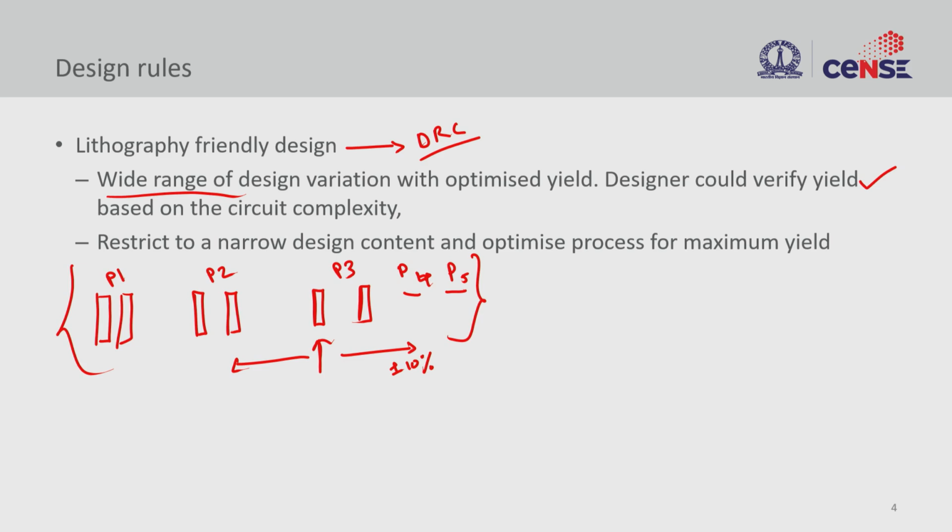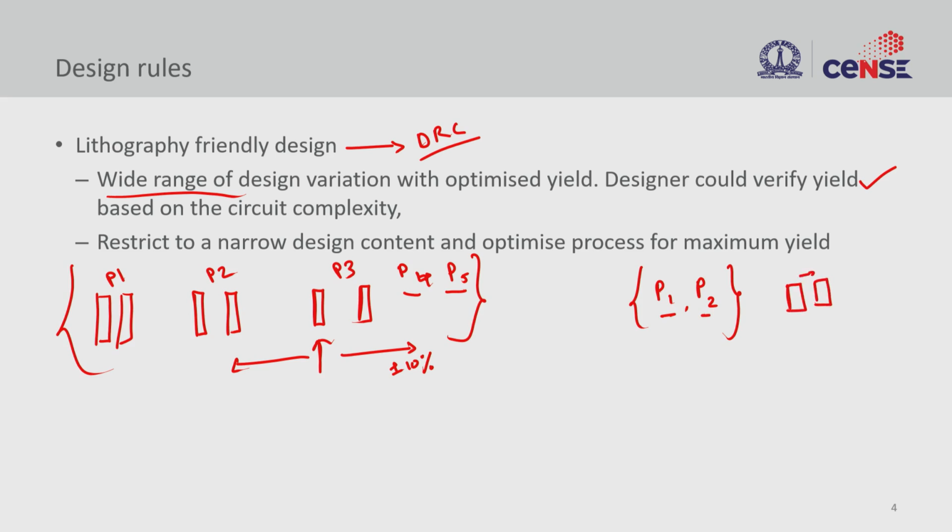And the next way to improve your yield is by restricting the number of designs that is allowed. So instead of 5 design, I will allow only 2. P1 and P2 are only the 2 designs that is allowed, and this will actually give you maximum yield because there are only 2 structures that I am allowed, right.